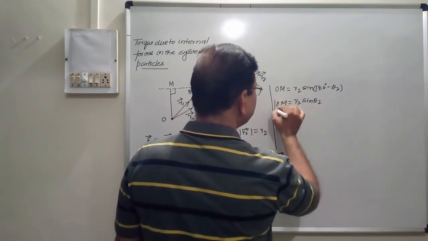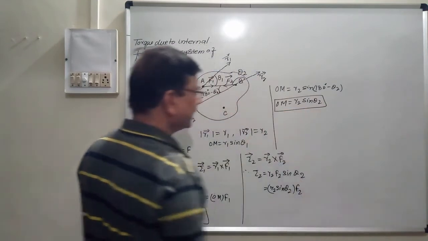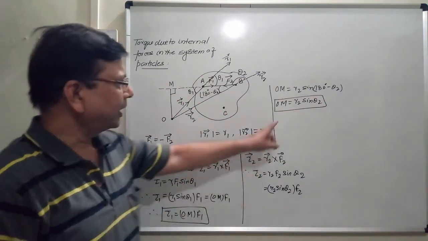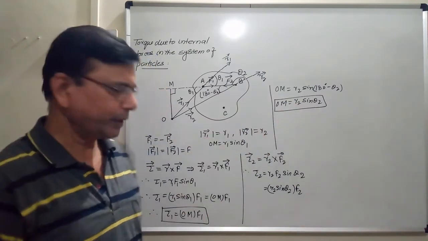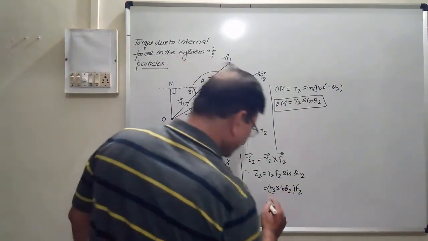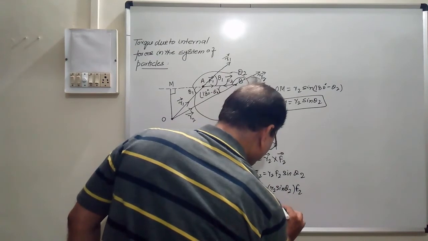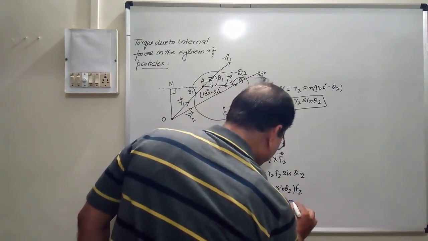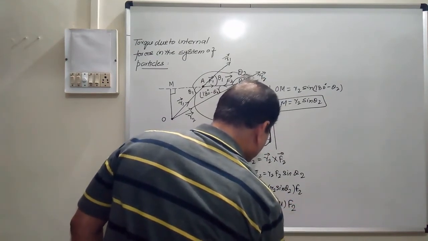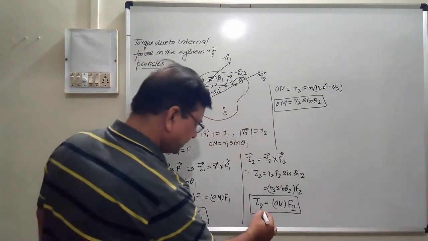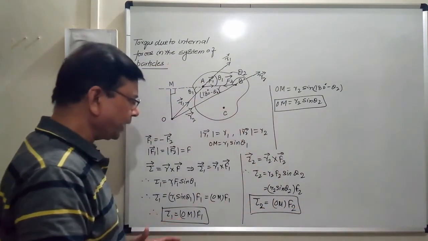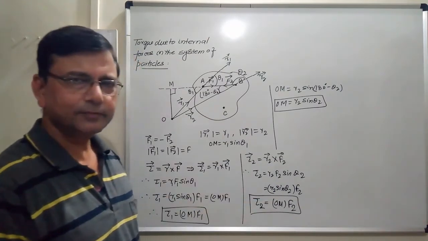OM is equal to this also, right? For R2 sine theta 2, I can write OM. Here R2 sine theta 2, we can write OM F2, tau 2, that is magnitude of torque due to F2 is this, right?